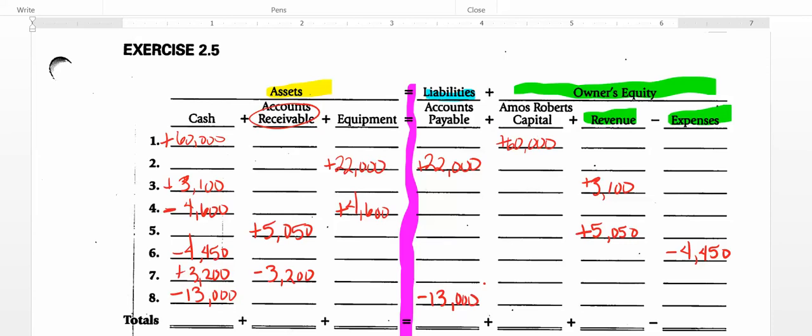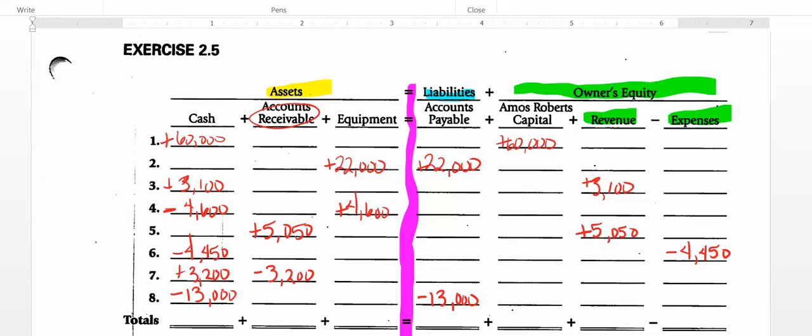Now we're going to add and subtract and get totals on each one of these lines. So for cash, we'll start with $60,000. We'll add $3,100. We'll subtract $4,600. We'll subtract $4,450. We'll add $3,200, and we'll subtract $13,000.